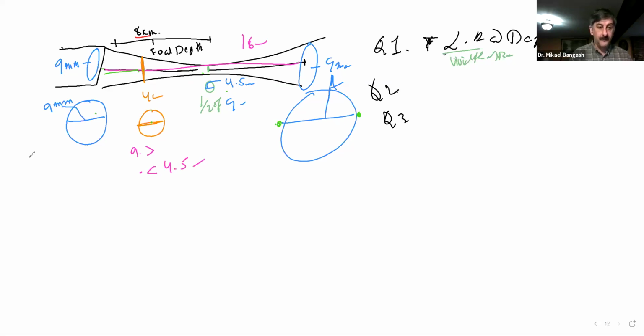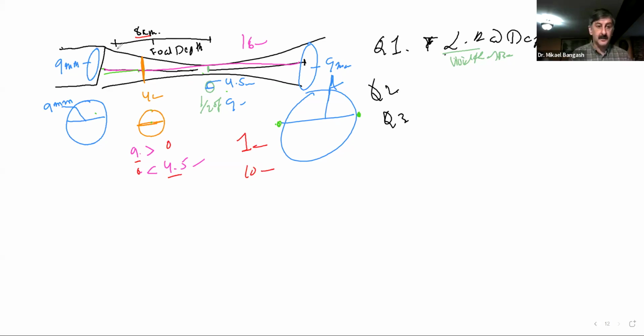So any number that falls in between 9 and 4.5 is going to be your answer. So 1 centimeter cannot be, because 1 centimeter is 10 millimeters, greater than 9 millimeters.